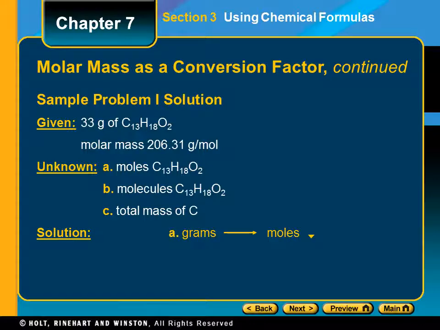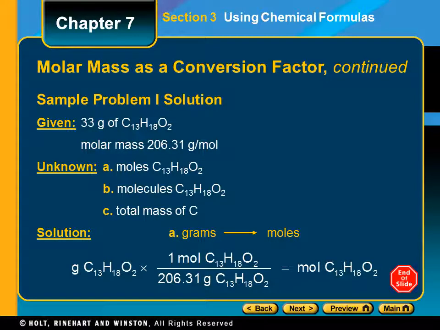So for A, you're going from grams to moles. Put grams of your molecule times 1 mole over the molar mass in grams, and that's going to give you your moles.